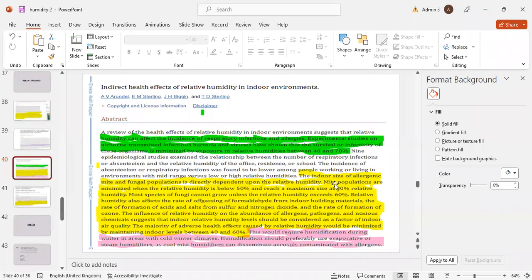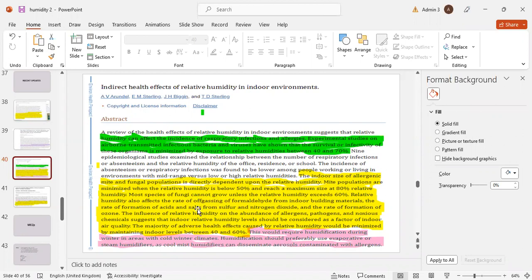The indoor size of allergic mite and fungal populations is directly dependent upon the relative humidity. Mite populations are minimized when relative humidity is below 50% and reach a maximum size at 80% relative humidity. Most species of fungi cannot grow unless the relative humidity exceeds 60%.